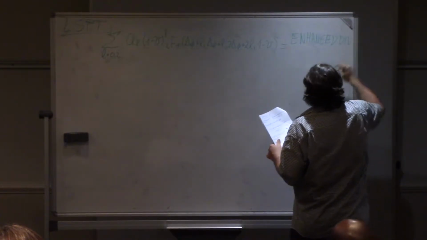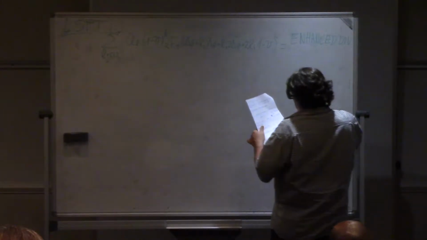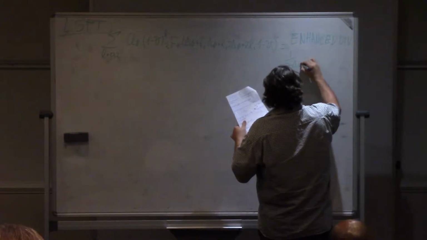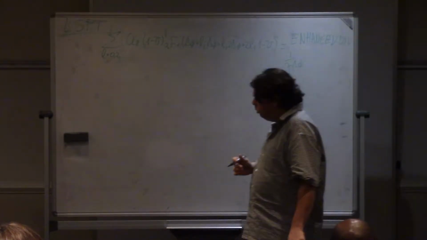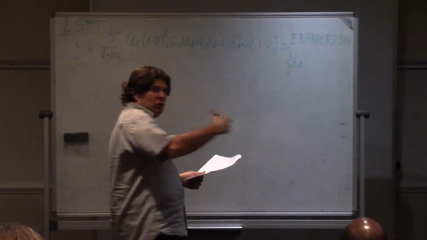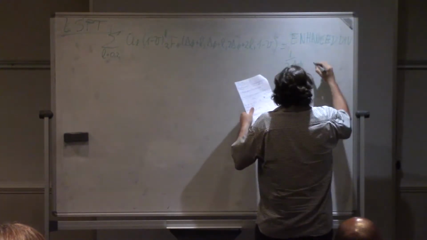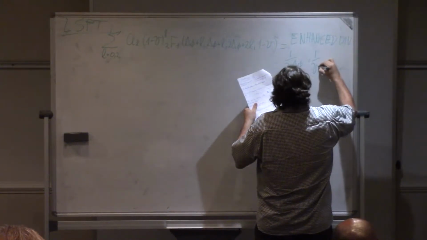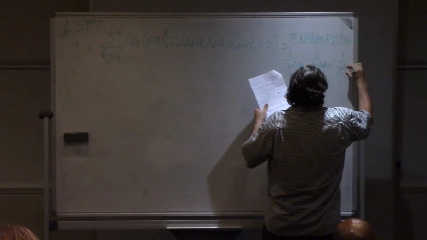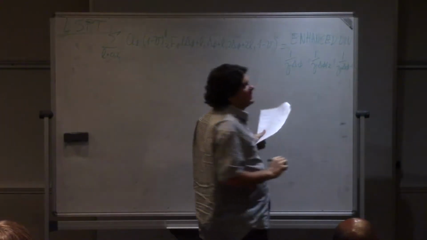For instance, for generalized free fields, this was equal to 1 over v to the delta phi. But of course, if the theory is not free, if it is any random theory, you will also have the next operator. So this could be 1 over v to the delta phi over 2, or 1 over v to the delta phi minus 1, etc.